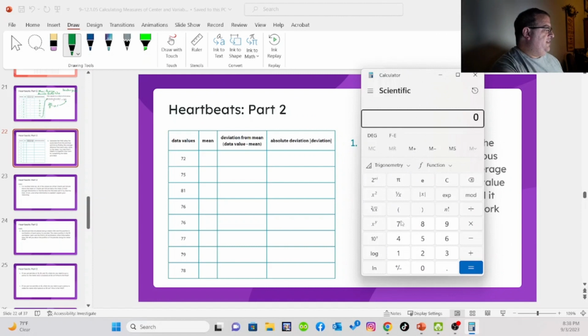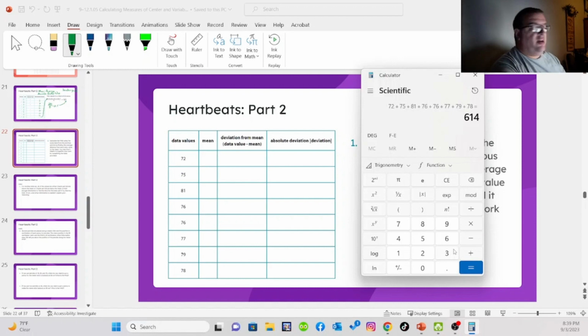So we have 72 plus 75 plus 81 plus 76 plus 76 plus 77 plus 79 plus 78.